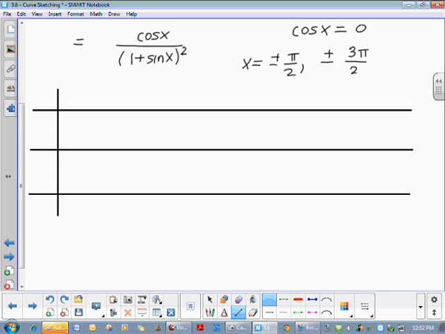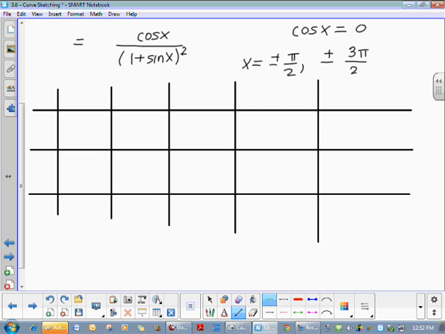So we have to be a little careful here. There's 1, 2, 3, 4, and 5. And we'll use the first column with our typical interval, test, sign, conclusion.